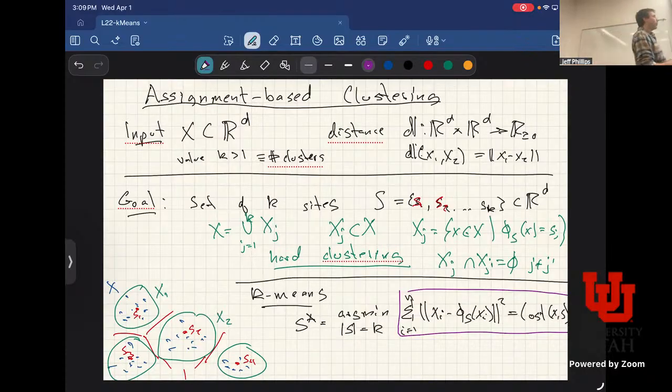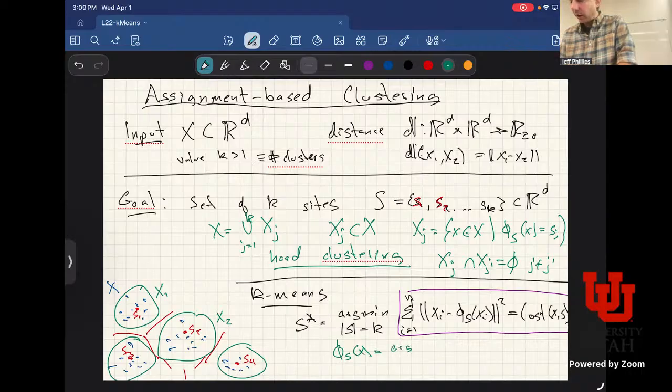If I do a single point representative, then I know I can use this function phi of S of x, which is the arg min over sj in S of the norm of x minus sj, right? So I'm mapping every point to the closest site. That defines this Voronoi diagram we talked about on Monday.